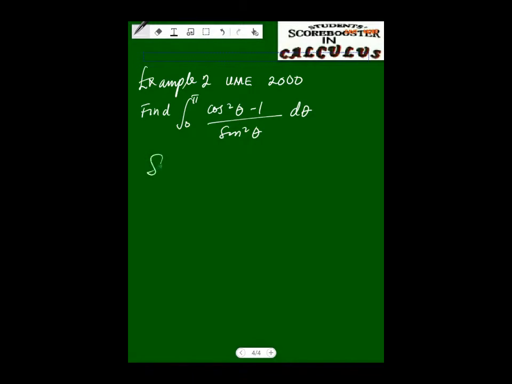So let's look at what the solution looks like. So I'm going to write y is equals to the integral of 0 to pi of cos squared theta minus 1 over sin squared theta d theta.